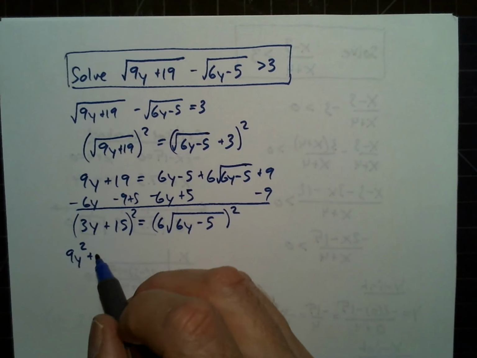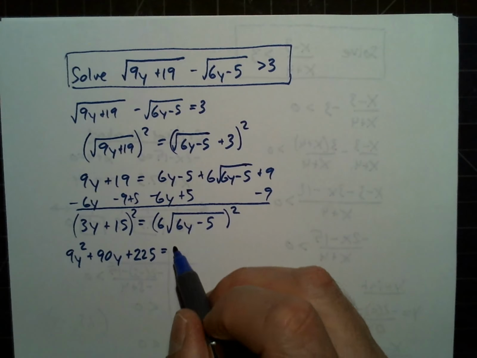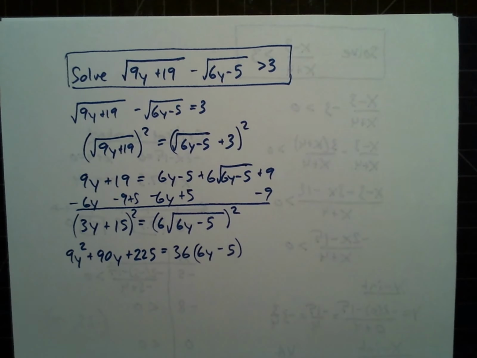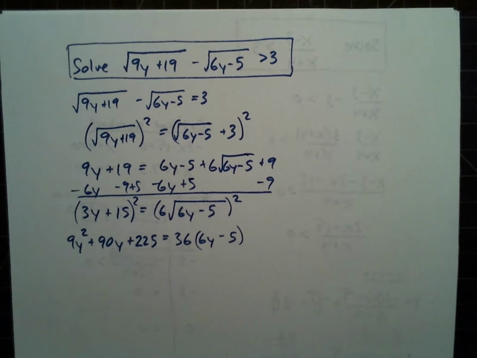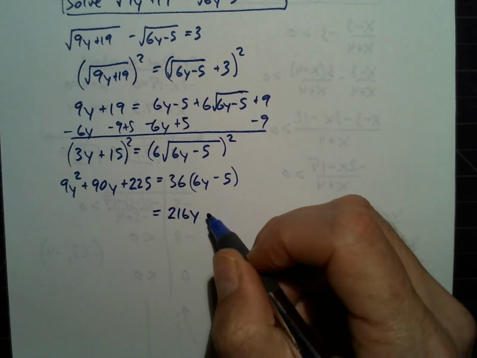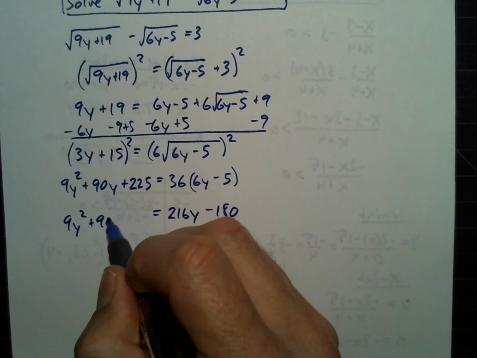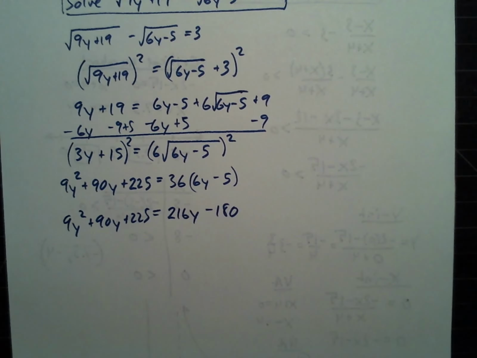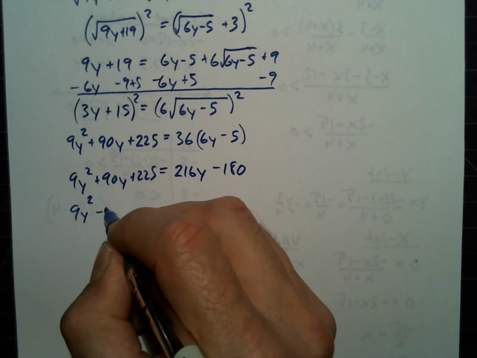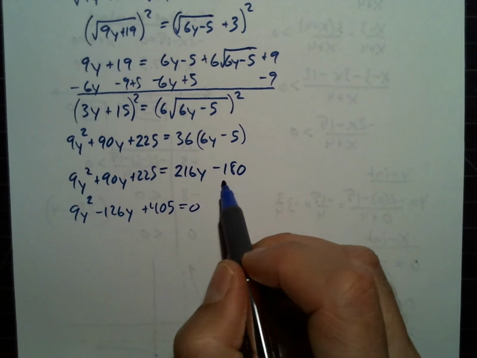This will be 45 plus 45 is 90. Distribute. And we have a quadratic, so we want everything on one side. So we're going to add 180.